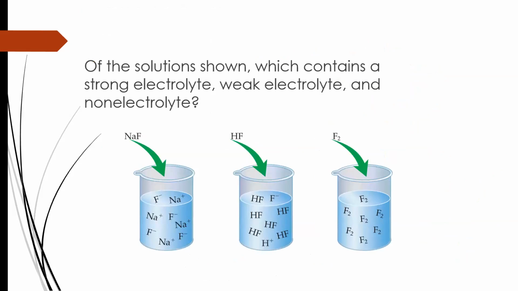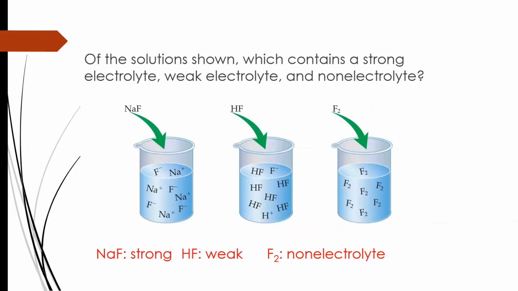So we should be able to classify this as either a strong electrolyte, a weak electrolyte, or a non-electrolyte. NaF is a strong electrolyte. We don't see any sodium fluoride stuck together. HF is a weak electrolyte because we see some ions, but we also see some that stuck together.